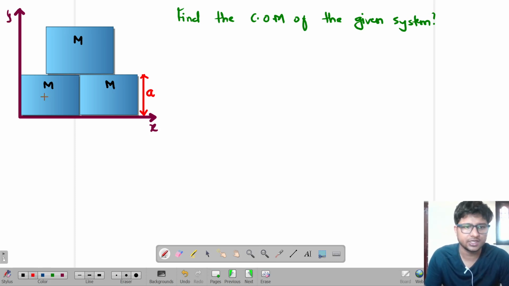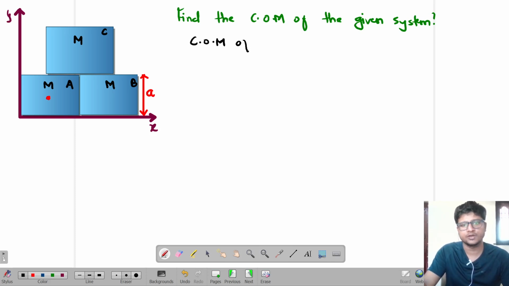So basically, if this is A, this center of mass will lie at A by 2, comma A by 2. Let us call this block A, this block B, and this block C. So COM of A is A by 2, comma A by 2.